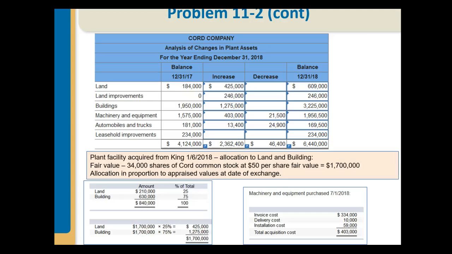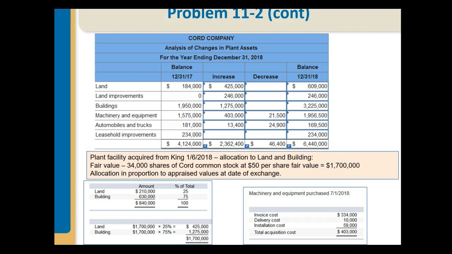So first, we're going to look at the balance of 2017, any changes, and the balance at the end of 2018. So the plant facility acquired from King on January 6th of 2018, allocation is to land and buildings.